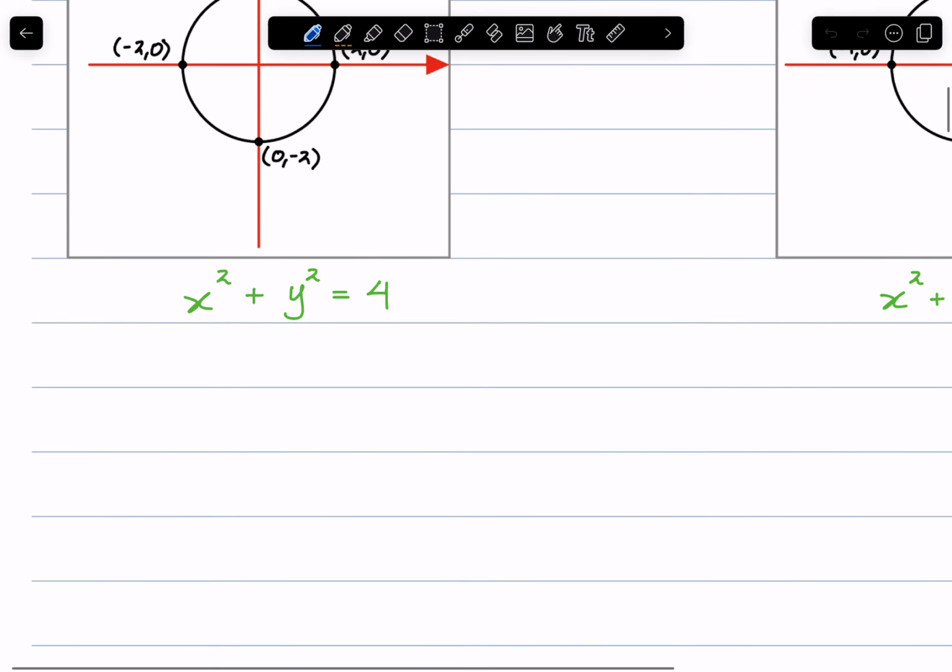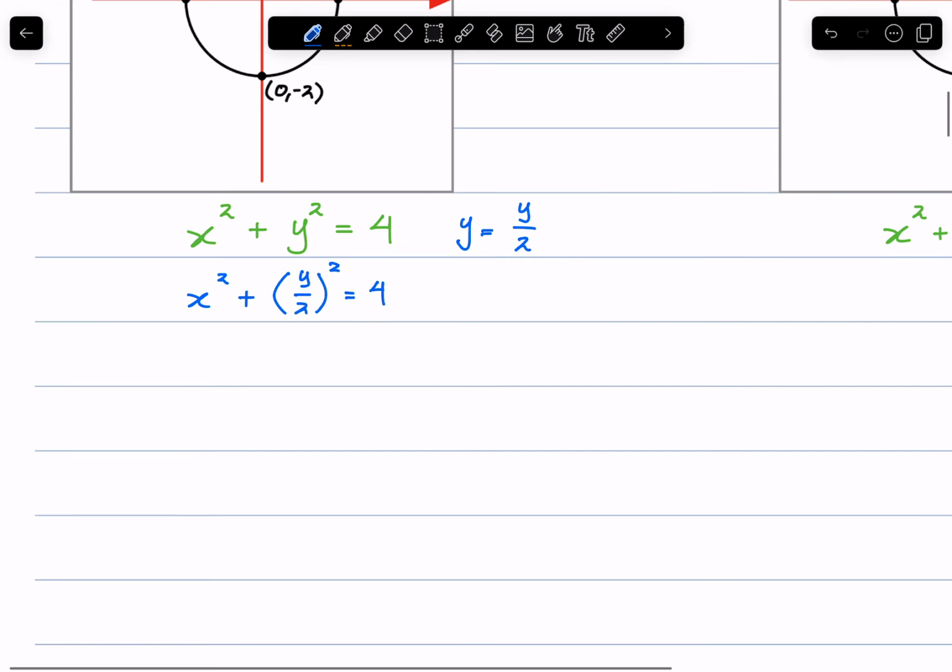Now remember, the vertical dilation here is y over a. In this case, it's going to be y over 2. When we substitute this, we get x squared plus (y over 2) squared equals 4.